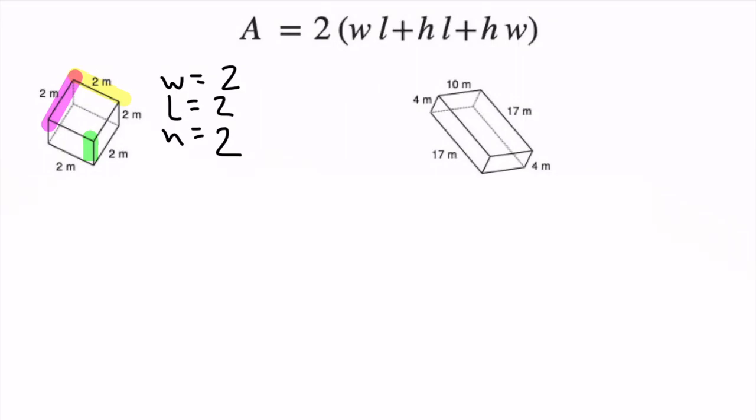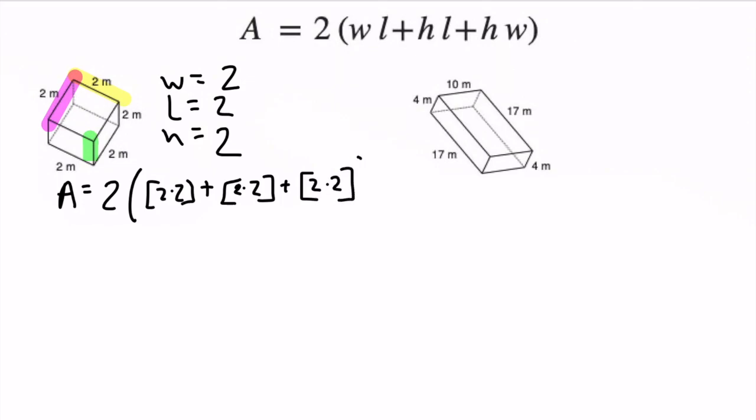So we go ahead and plug them into our formula. We have 2 times width times length, so 2 times 2, plus height times length, which is 2 times 2, plus height times width, which is 2 times 2.